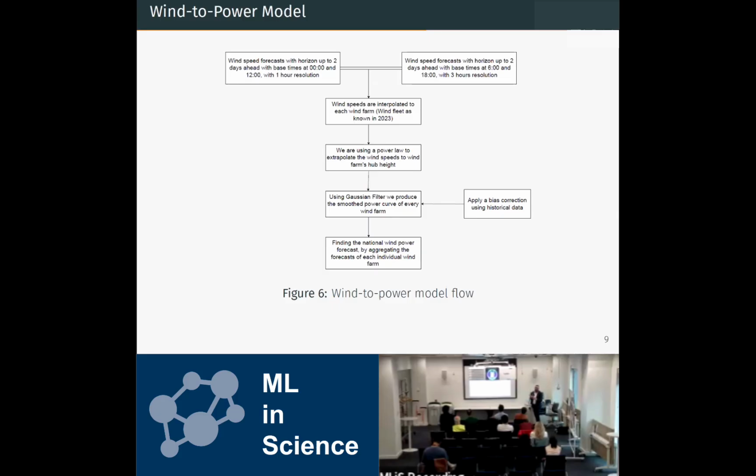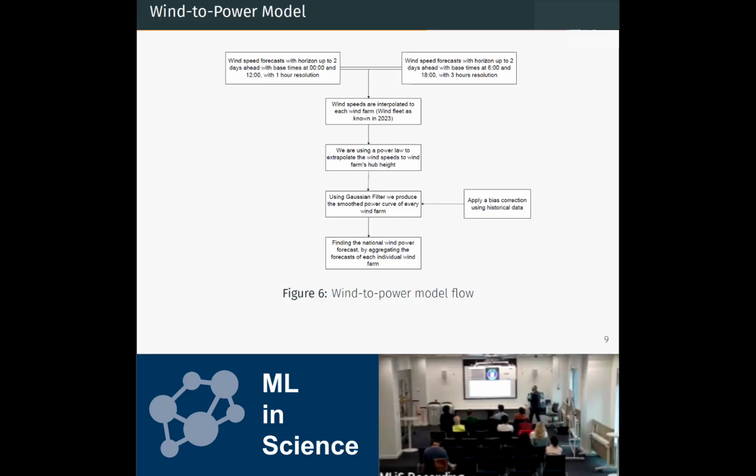We want the hub height, first of all, and we need to know the number of turbines in every wind farm in order to create the power curve, for those familiar with wind power. So a lot of data together again.